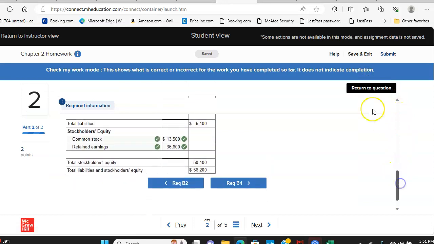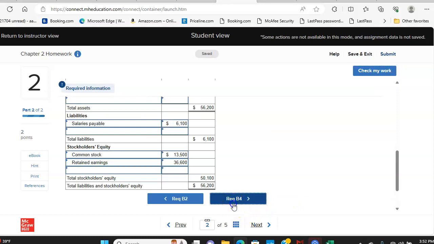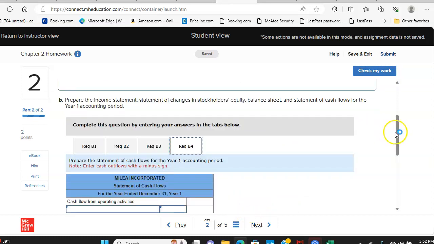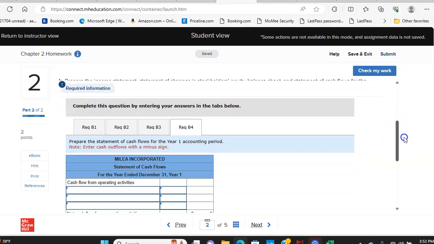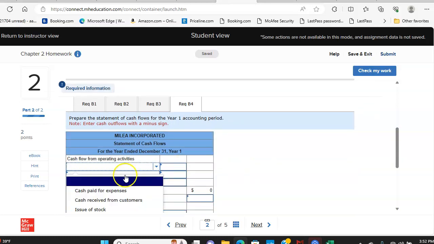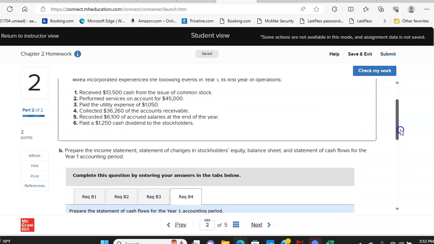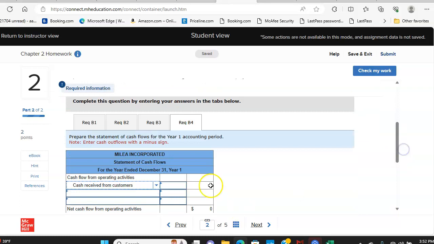And we're good. And one last statement would be the statement of cash flows. So in our statement of cash flows, we're going to show the cash from operating activities. We're going to have the cash received from customers. That amount was 36,260. Let's see, do we have any outflows from operating?